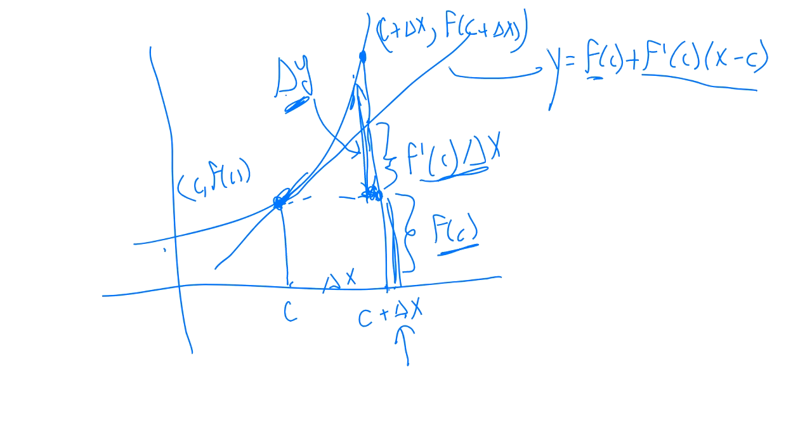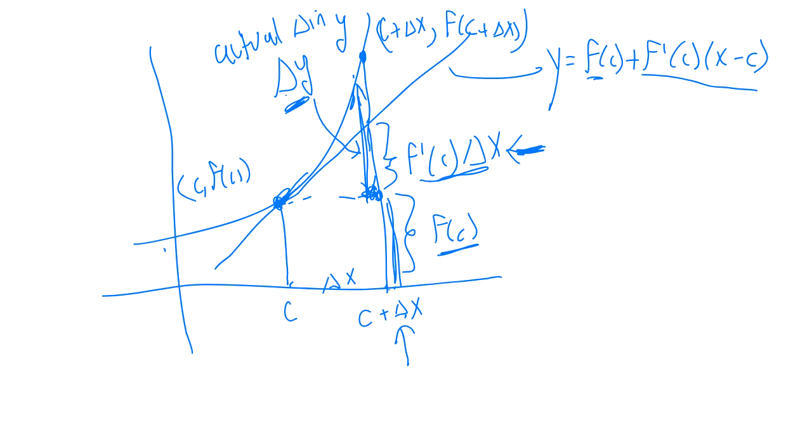And I'm going to explain that in a few minutes. Okay, so this is the actual change in y based on moving delta x along the x-axis here. And I want to explain this. How do I know that that's this amount?